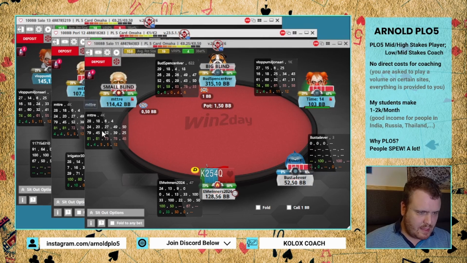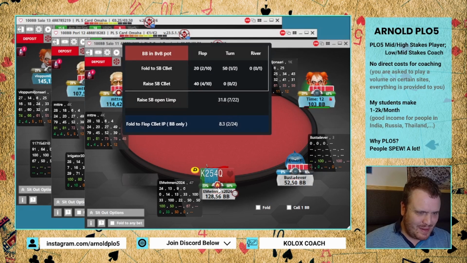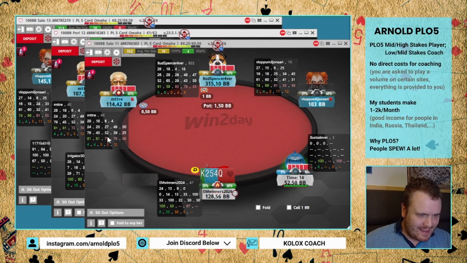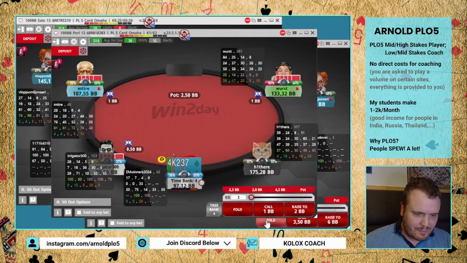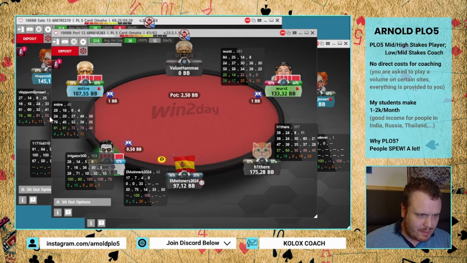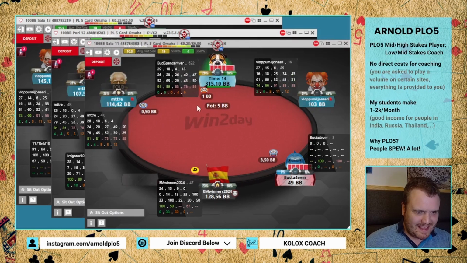You see that they too have mirrored aggression stats on different streets, which is interesting to see. This guy is pretty aggressive on the river.